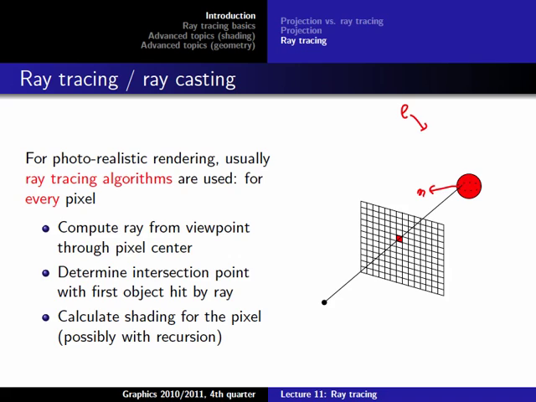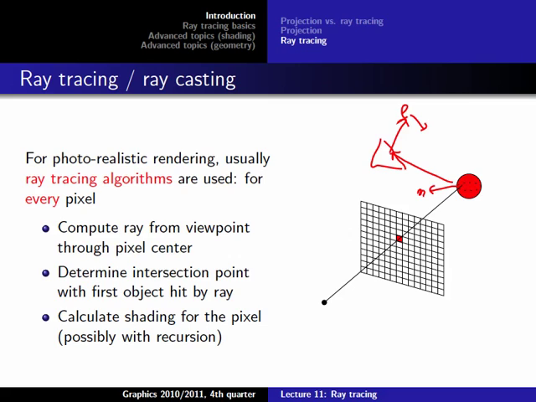But for ray tracing methods, we can calculate a reflection vector, and if that, for example, hits an object that is reflected to the light, then we also know that this light influences this point here, and we can do this recursively.